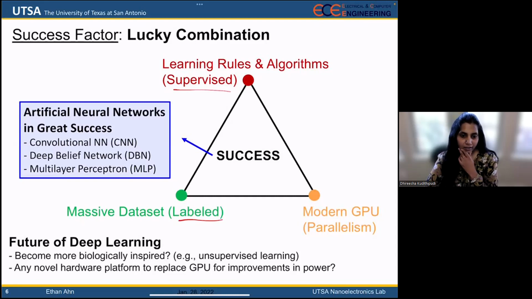Looks like his internet connection dropped. Let's give him a couple more moments.